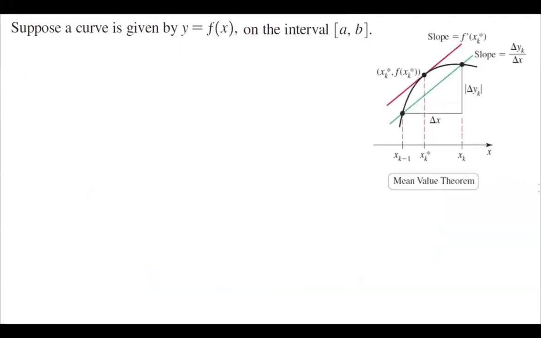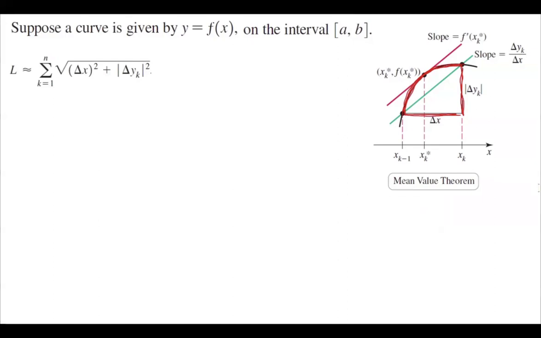Now suppose you have a curve given by y equals f of x on the closed interval a to b. This is the curve that is represented by y equals f of x. We're going to do the exact same argument that we did. Here, we're going to approximate the length of the curve by a line segment which is in green. You find delta x, you find delta y, and you use the Pythagorean theorem to calculate this length.